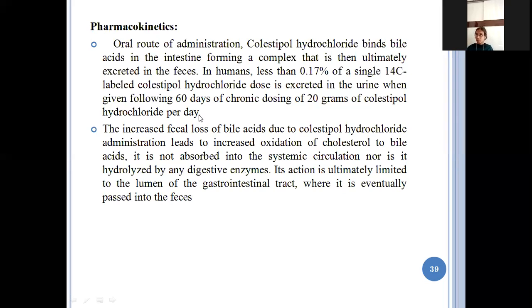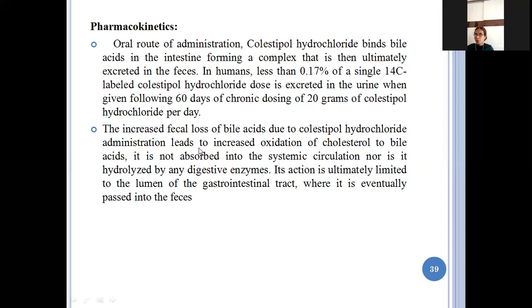So if we take the 20 grams of the Colestipol drug, less than 0.17% is excreted in the urine, and it increases the fecal loss of bile acid.